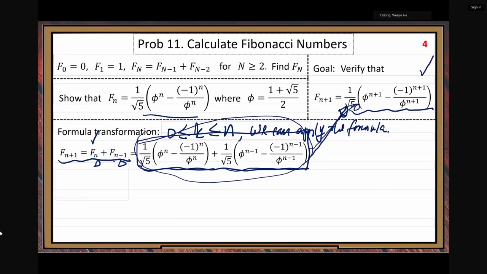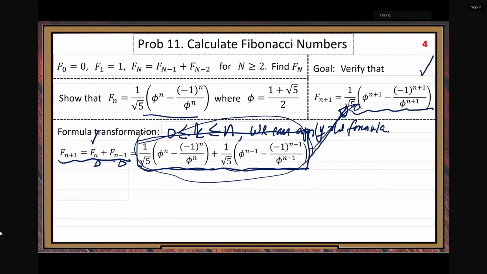Let's do some simplification. Because both sides have the factor 1 over root 5, can we take it away from both sides?